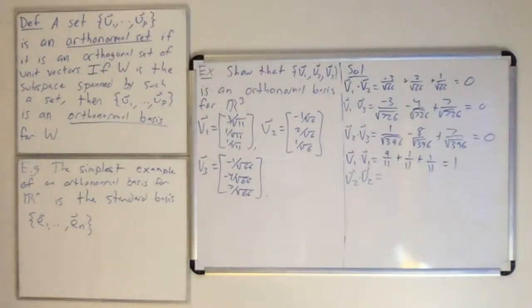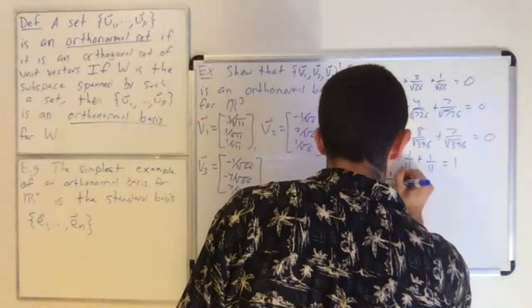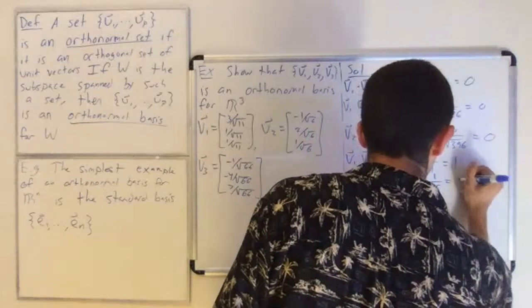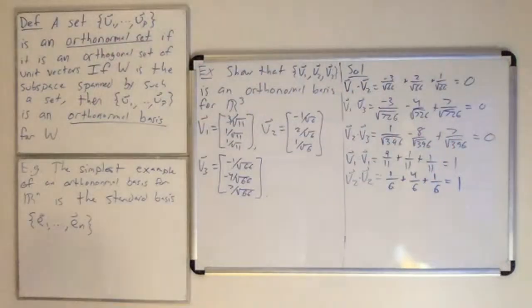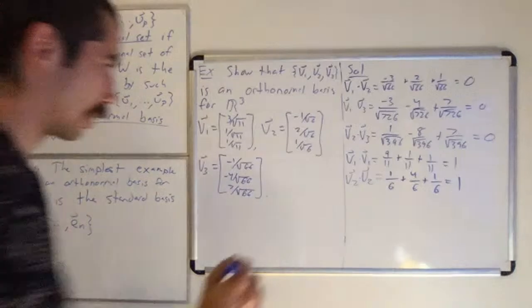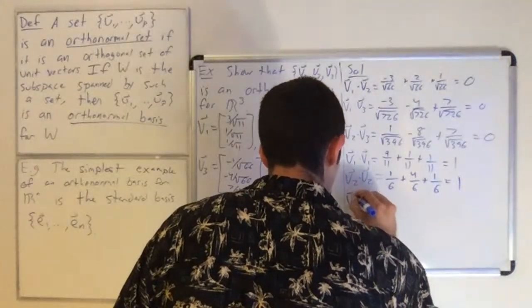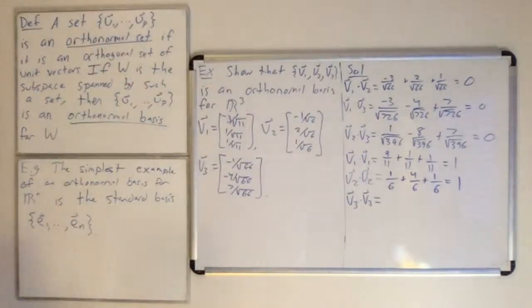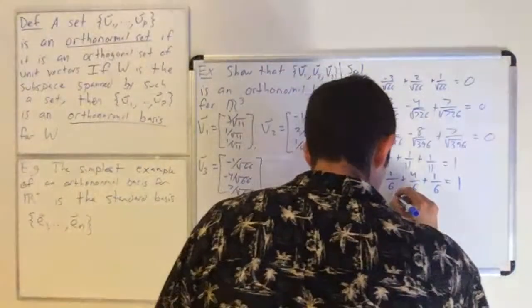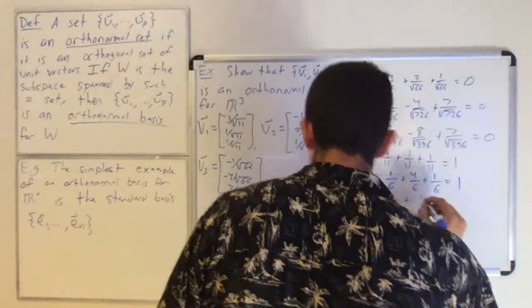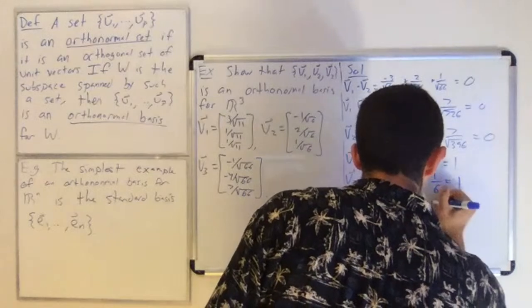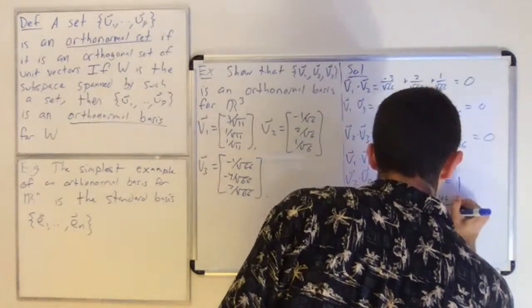V2 dotted with itself would be 1 over 6 plus 4 over 6 plus 1 over 6, which again is 1. And then last, V3 dotted with itself would be 1 over 66 plus 16 over 66 plus 49 over 66, which is equal to 1.